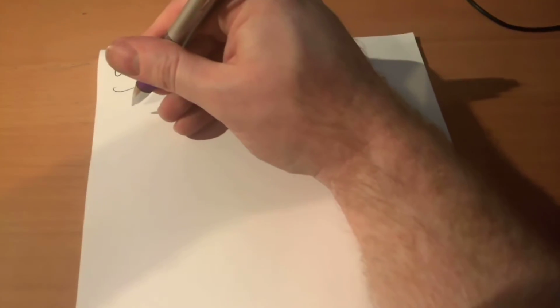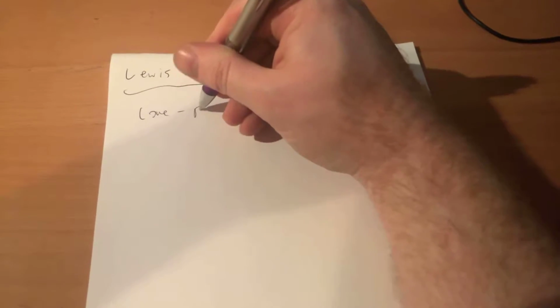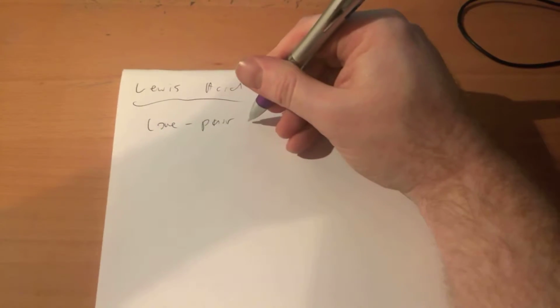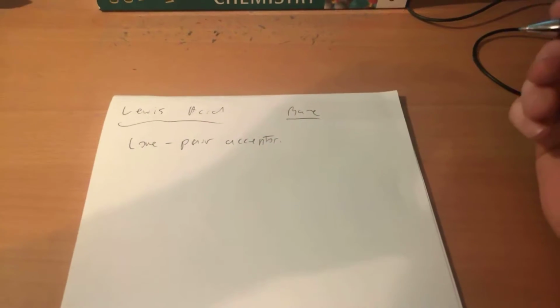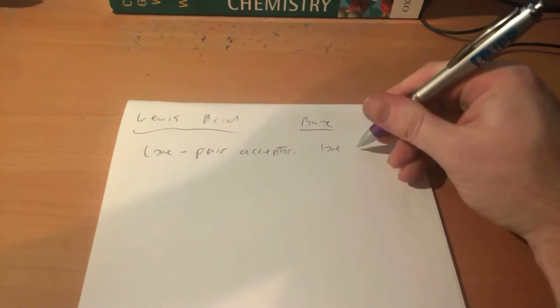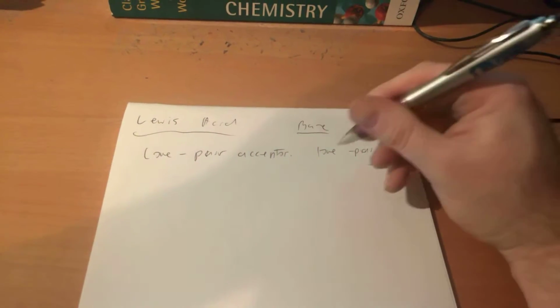Now, the distinction here is that a Lewis acid, rather than being a proton donor, is a lone pair acceptor. Now that means it'll have a vacant orbital which can accept a lone pair. And you can probably see where this is going. A Lewis base is a lone pair donor.